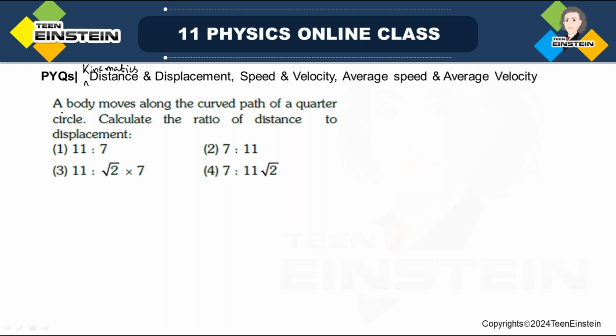This question says a body moves along the curved path of a quarter circle. Calculate the ratio of distance to the displacement. Look here, quarter circle means like this. This is a quarter of a circle.